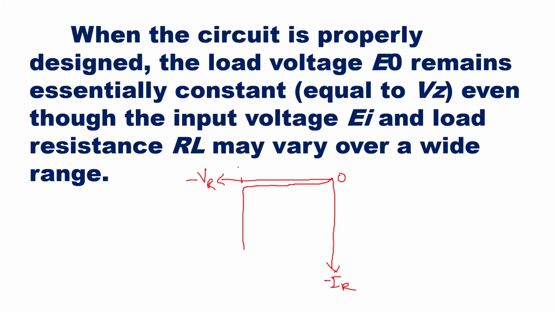So this is your Zener voltage VZ, and this is the area where the current increases or decreases. You have a variable current at a constant voltage value, and that is the area we are going to use of the Zener diode for this voltage regulation application. So even if the input voltage EI varies, or even if the load resistance RL varies, the output voltage E naught should remain constant in the circuit we showed earlier.